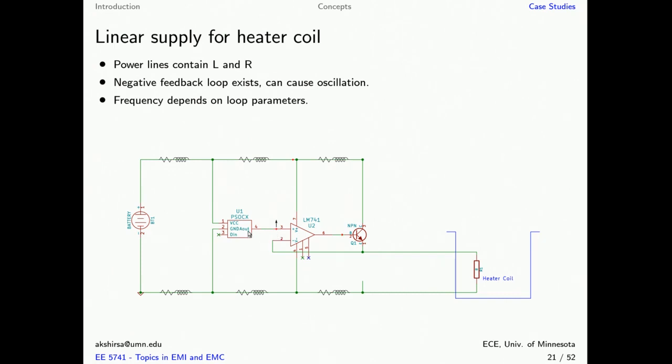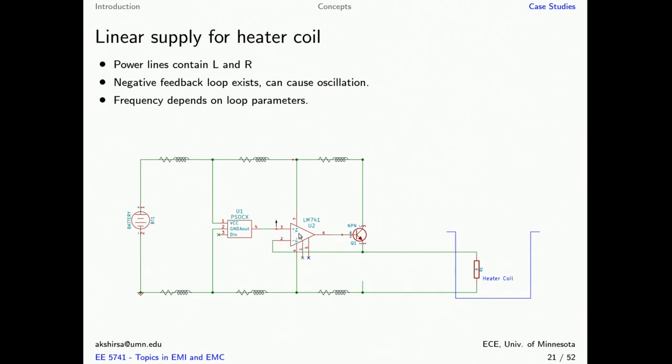Based on the control variable, or the amount of power that needs to be delivered, the microcontroller is going to set the voltage at this node, which is the non-inverting input of this op amp. Based on that voltage, the op amp is going to control the output voltage such that this node here matches the non-inverting input.